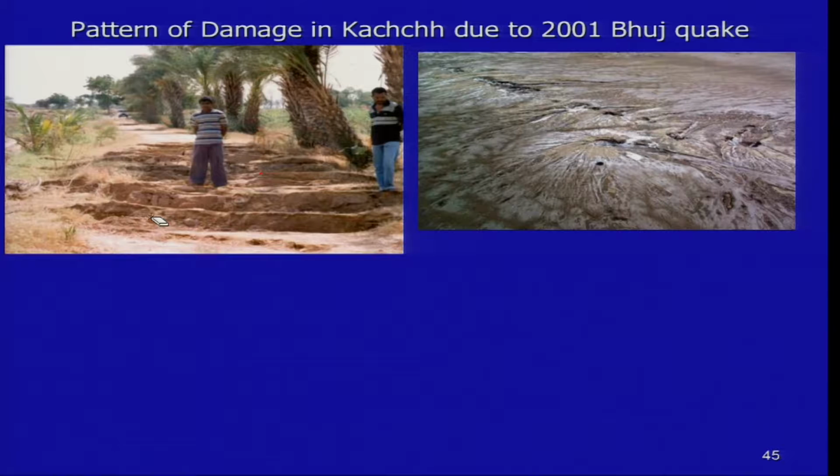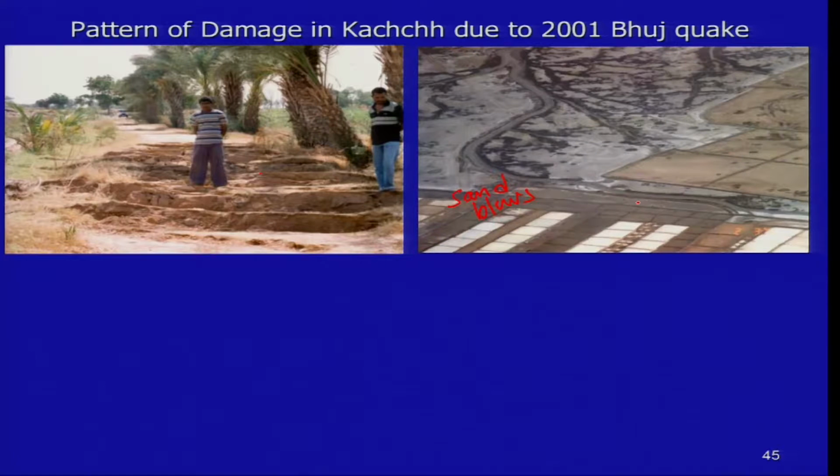Then we have liquefaction, which is what I was talking about, and this is very typical of the liquefied sand coming onto the surface through this vent here, and it has been poured on this side. Very much similar to a volcanic eruption, but this is what we call sand blows. This phenomenon is related to liquefaction caused by strong seismic shaking.